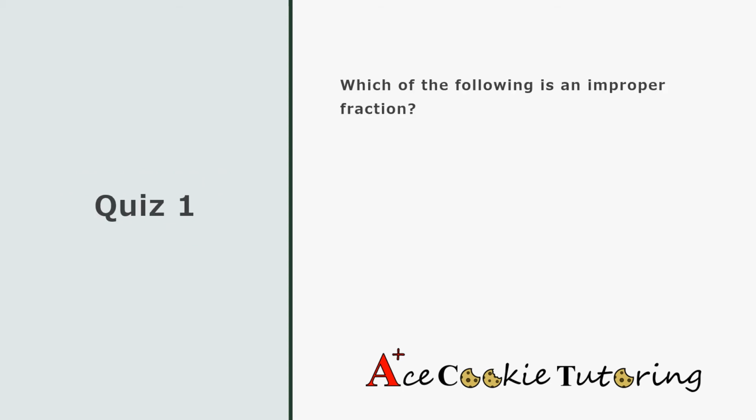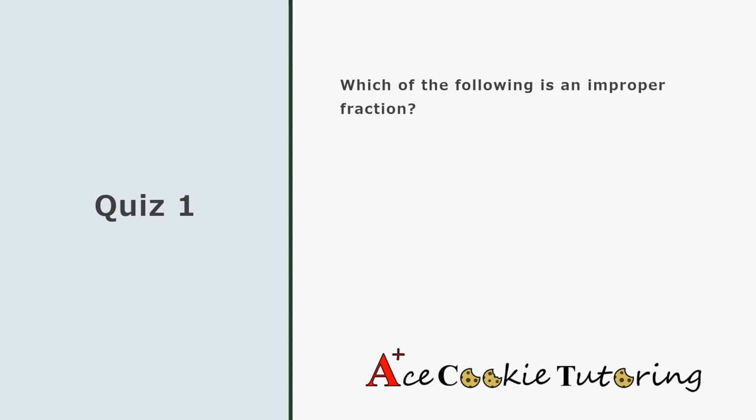So here we go. We've got our first quiz question. Which of the following is an improper fraction? Take a moment to remember the definition of an improper fraction. If you didn't really understand that concept or you're drawing a blank, I highly recommend that before you look at the answer, you go back to the previous slides towards the beginning of the presentation and review what an improper fraction is.